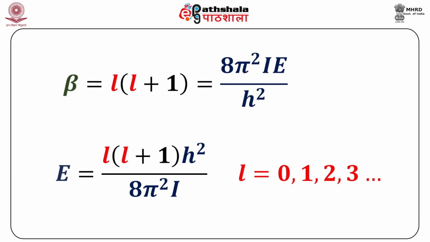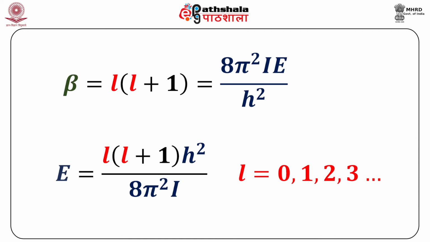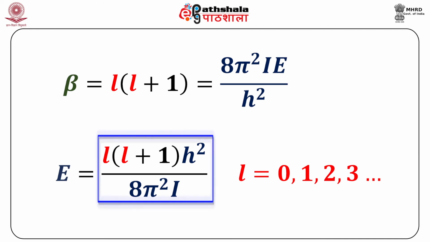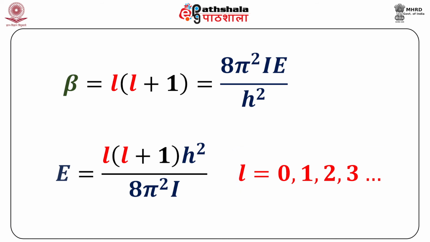And now we have shown here, while transforming theta equation into Legendre's equation, that beta is equal to L into L plus 1. So substituting it back, we get the total energy E, which is equal to L into L plus 1 h square upon 8 pi square I. Here L can have the value 0, 1, 2, 3.